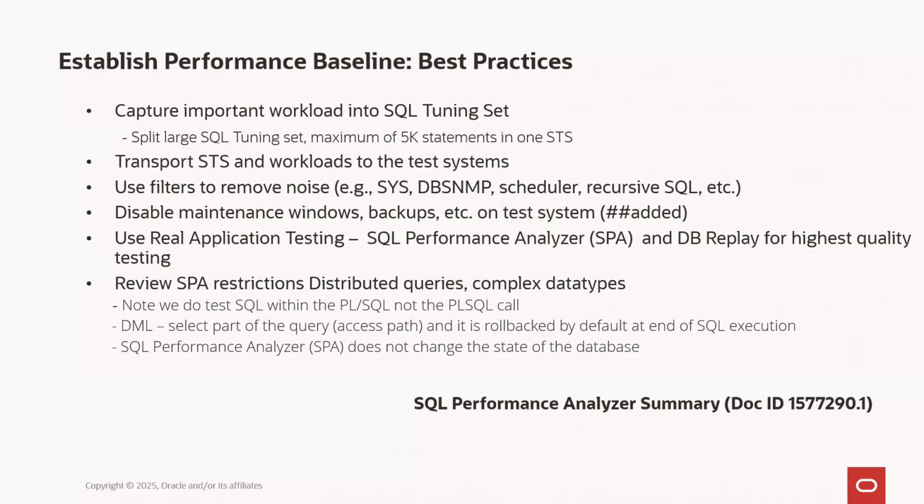Maybe a recommendation about creating a SQL profile. Maybe recommendations about creating indexes or dropping indexes, or maybe rewriting the SQL, you name it, right? So there are multiple recommendations. But the main goal for SQL Performance Analyzer is to identify regressions, and then we will have to fix those regressions first before we go into Database Replay, okay?